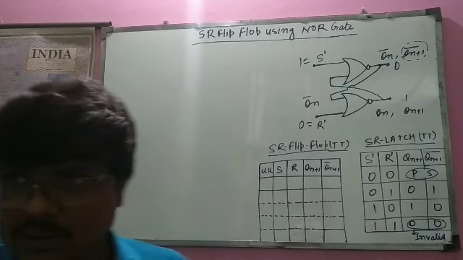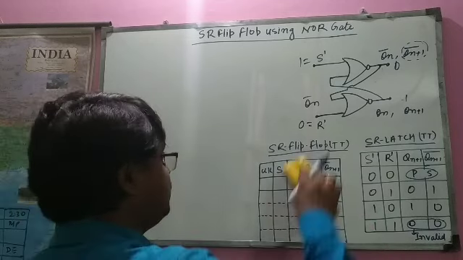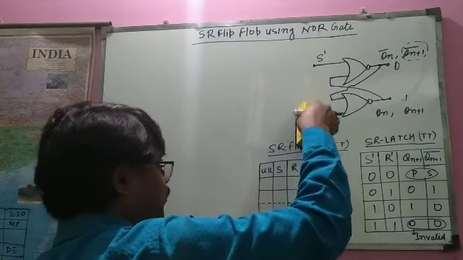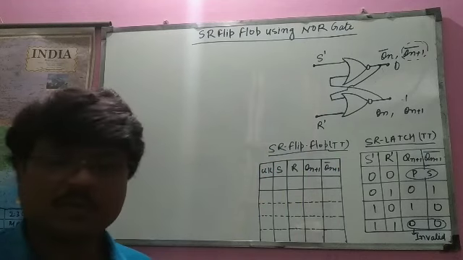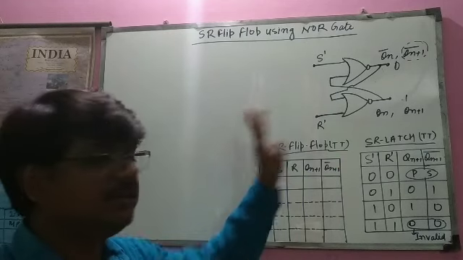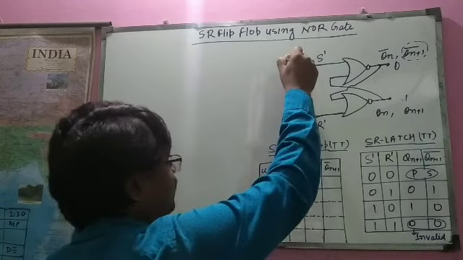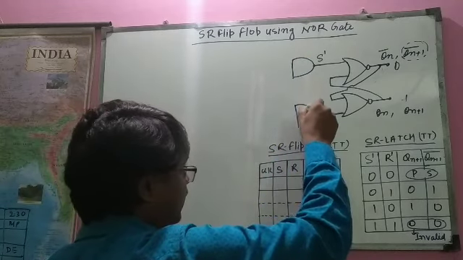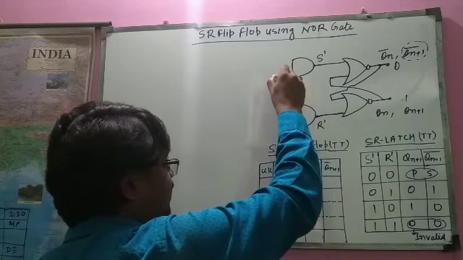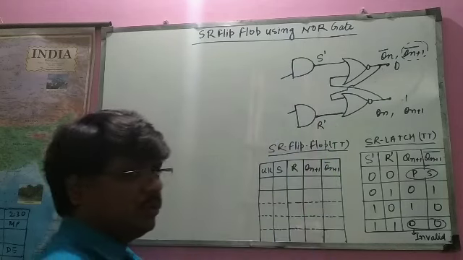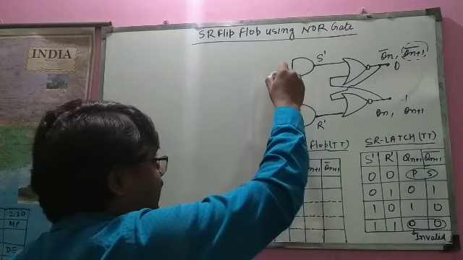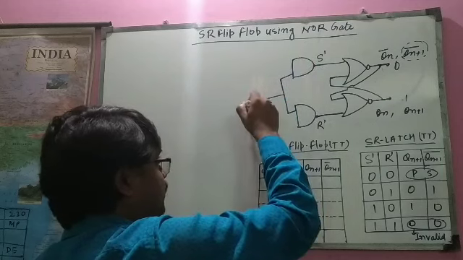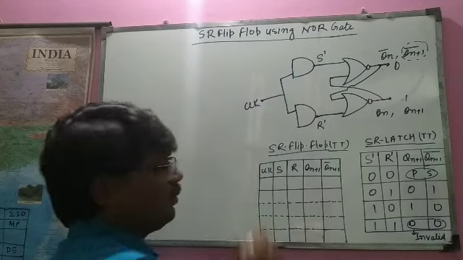So that is the reason we were forced to come to the concept of the flip-flop. Let us see what a flip-flop is. Take one AND gate, take another AND gate, and give one input of both AND gates as the clock. Clock is connected to this one and clock is connected to this one also.